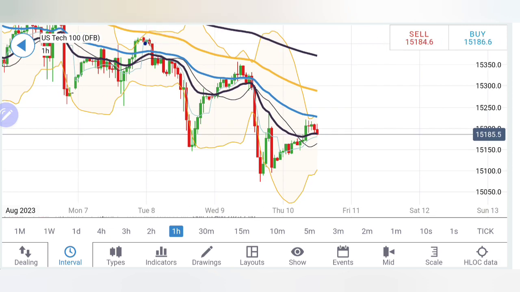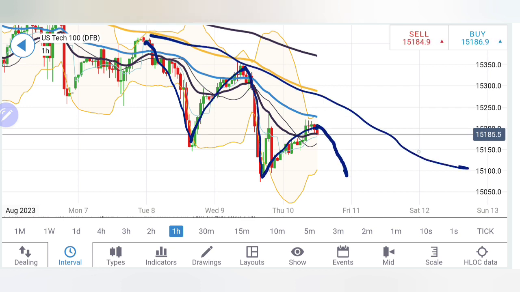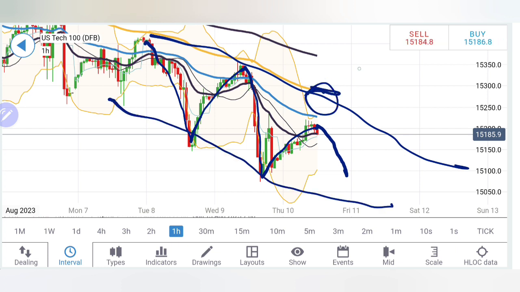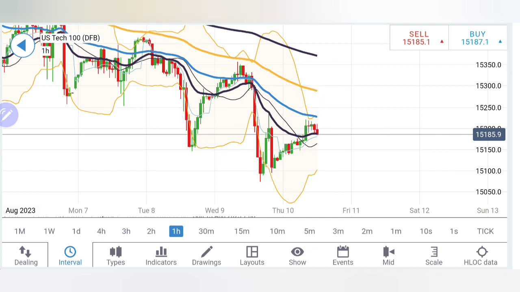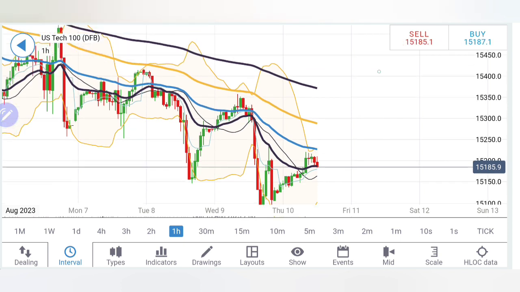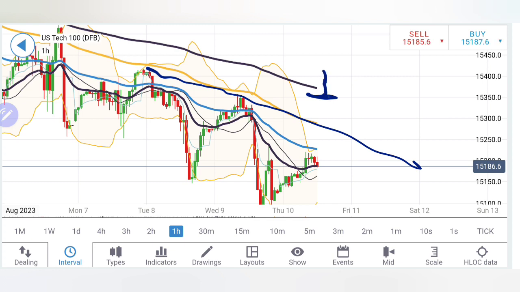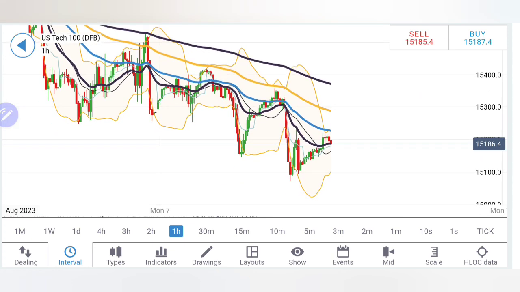Now if you look at the momentum there, see the drop, retracement, and now again it is trying to continue its journey. However, the top of this channel is right now at around 15,250 to 15,300 levels. So yes, there is an opportunity for Tech 100 to rise further towards 15,300 levels, and at any point of time, if it stays above 15,350, that is the time when the bulls will take over.